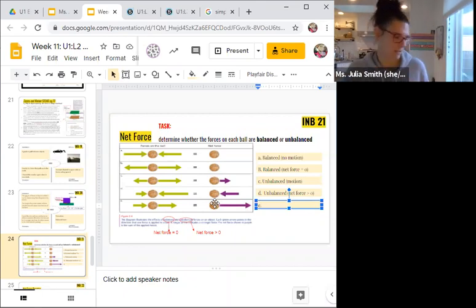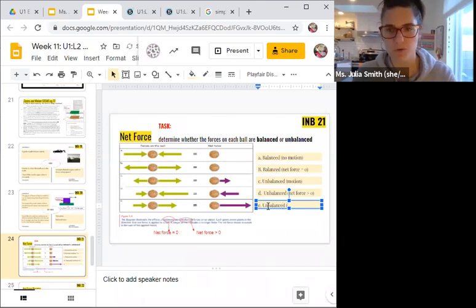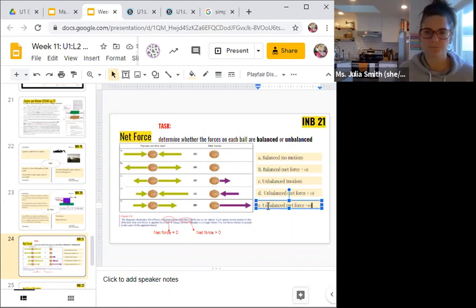This is like if we kicked the ball and pulled the ball at the same time, you would end up with the ball moving very quickly to the right. These are unbalanced forces because we have motion. Anytime we have motion, we know that the net force is greater than 0, and that is an unbalanced force.